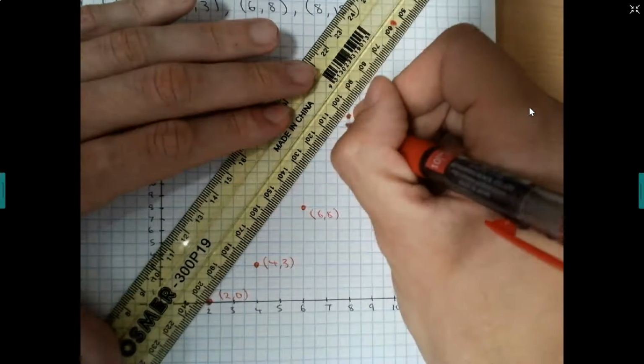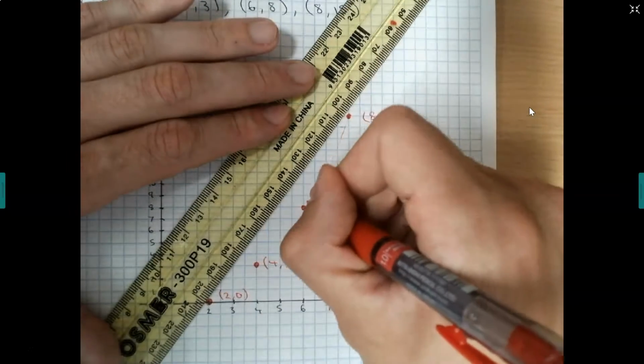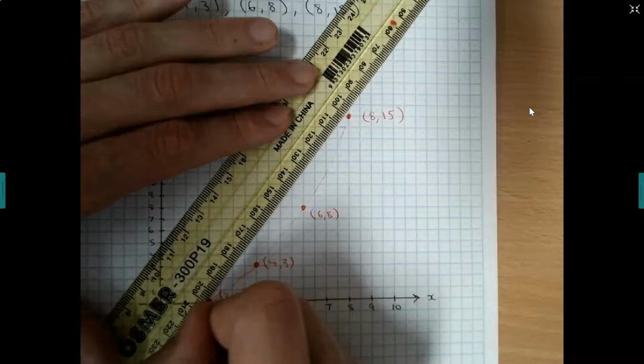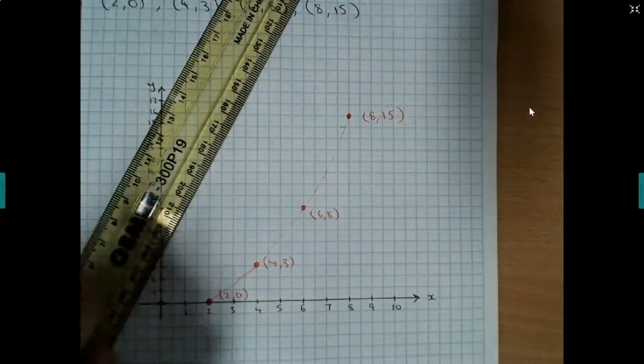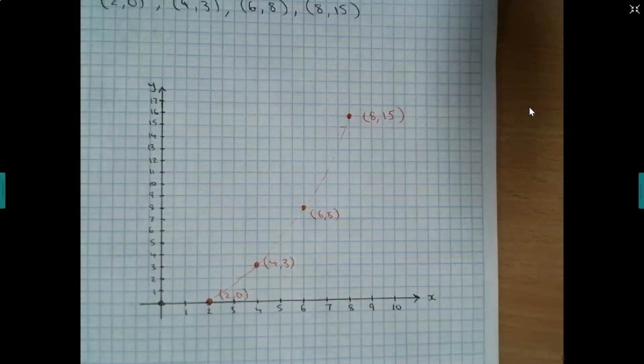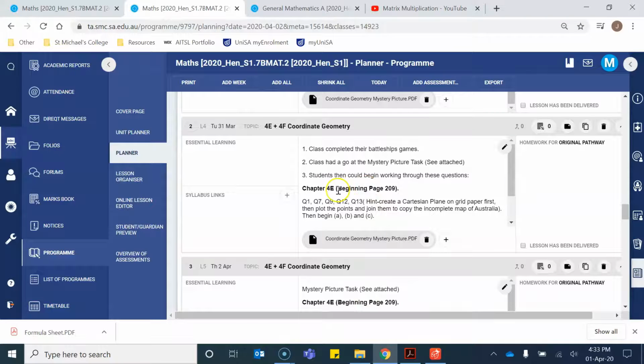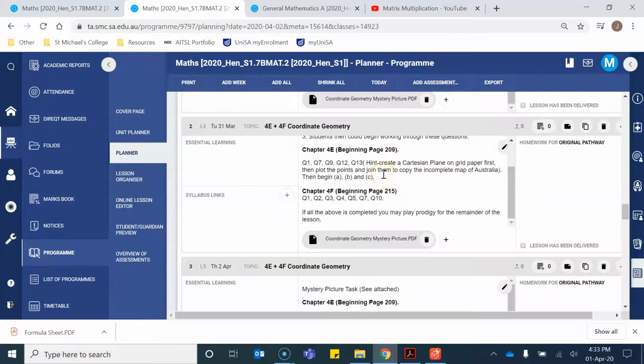So if I was to join these up with a smooth line, it would in fact make a curve shape through there. Alright, so that should assist you in working through the questions related to Chapter 4E and also Chapter 4F.